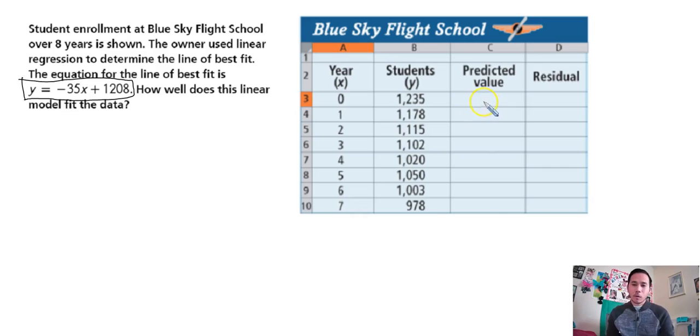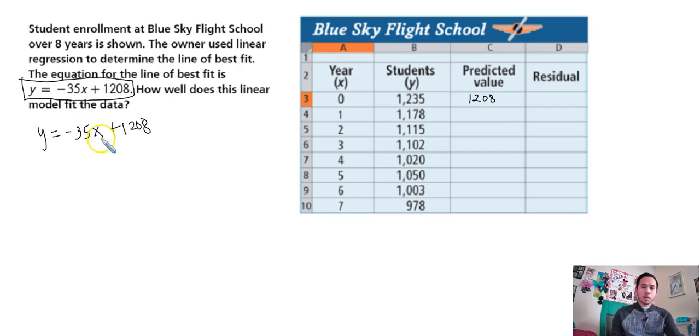So if I plug in 0 to my equation, y is equal to -35x plus 1208, then if x is 0, y is 1208. If you can use your calculator, I want you to change the value of x to 1, 2, 3, 4, 5, 6, and 7.